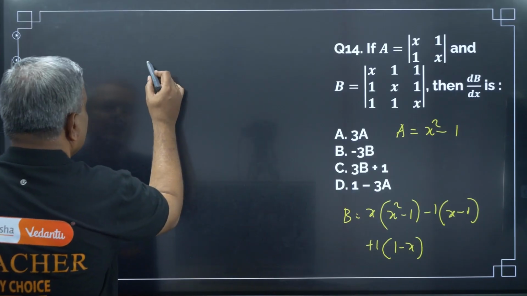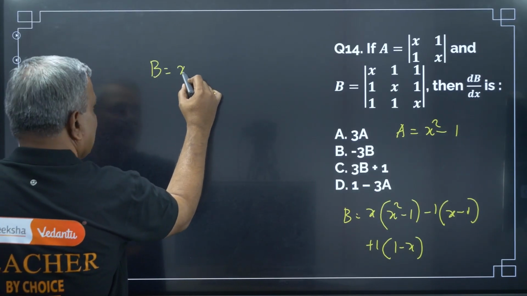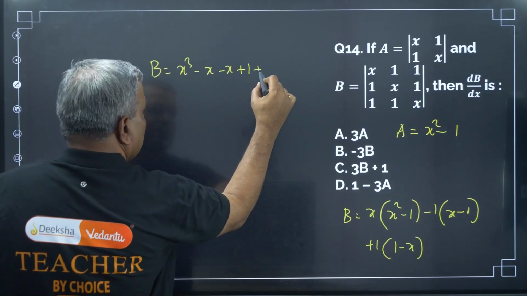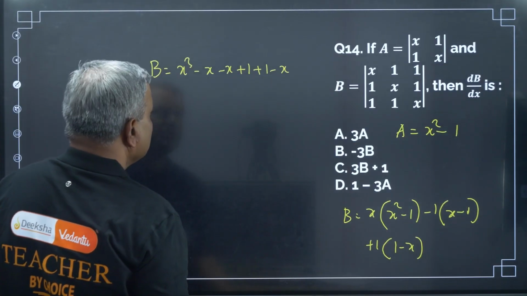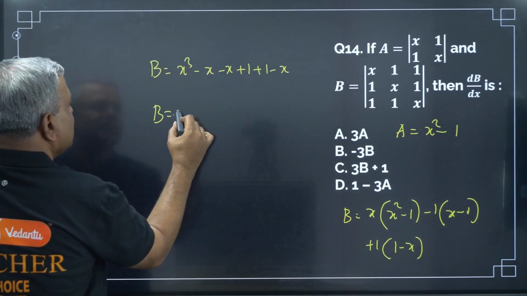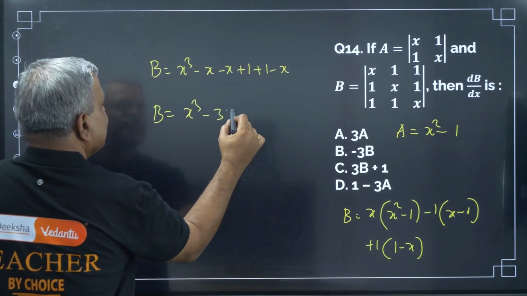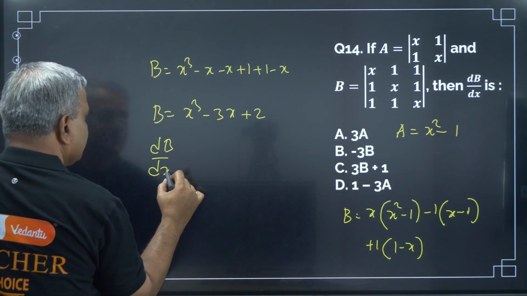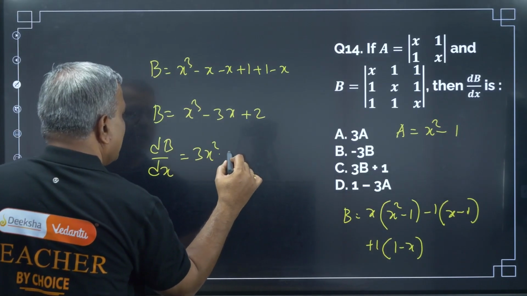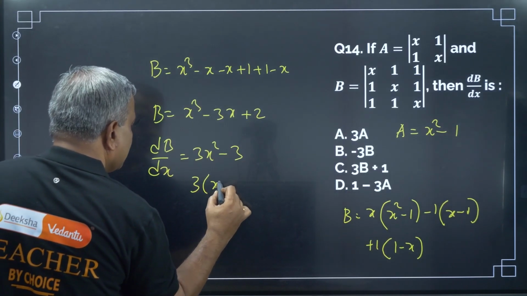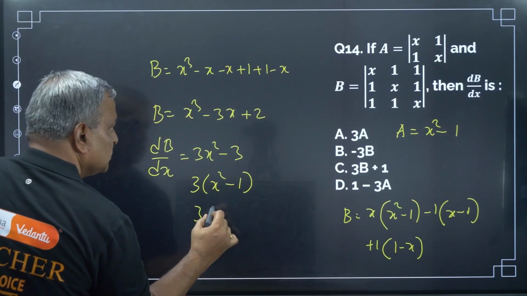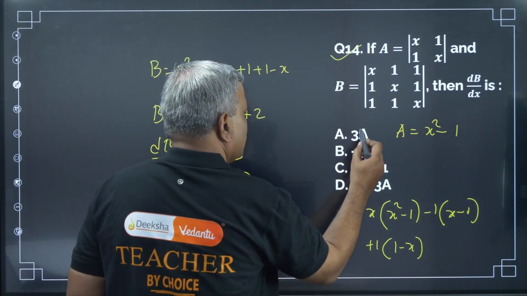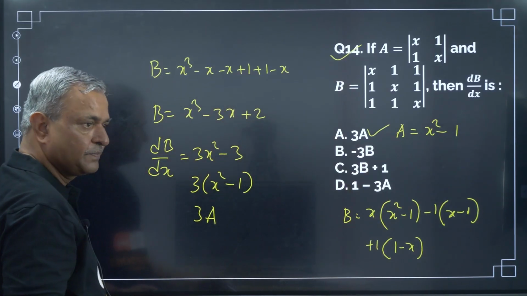So when you see, B will give you x cube minus x plus 1 minus x. So basically B is equal to x cube minus 3x plus 2. So dB by dx is equal to 3x square minus 3, take common, x square minus 1, so 3A. This will give you 3A. Question number 14, option A, 3A is correct.